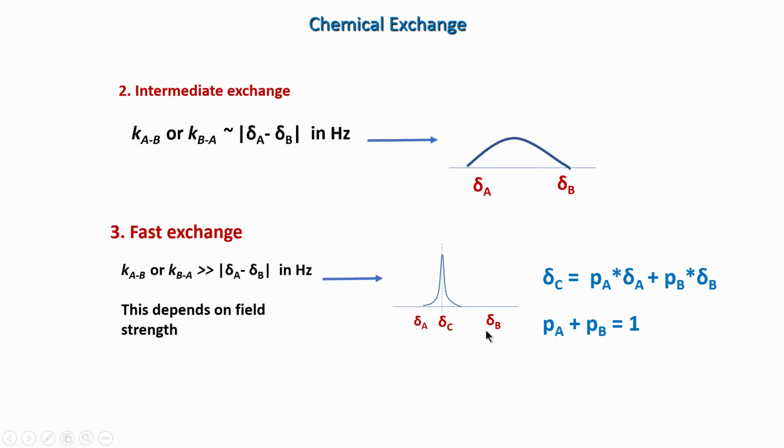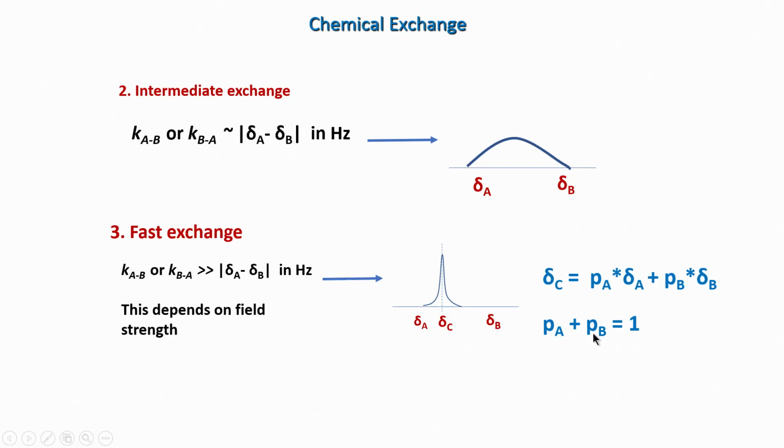If A goes to B, A will reduce and B will increase, so the total population should remain constant. So we say partial populations, fractional populations. The total amount is 1, the fractions add up to 1.